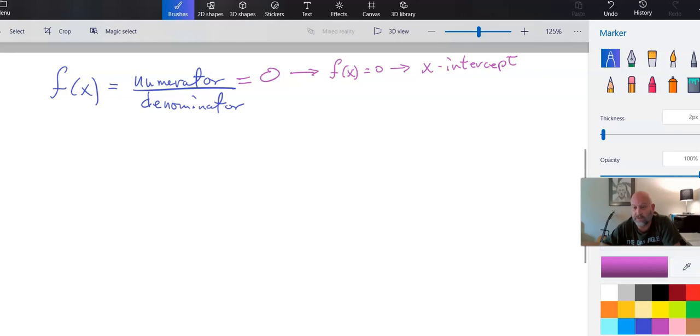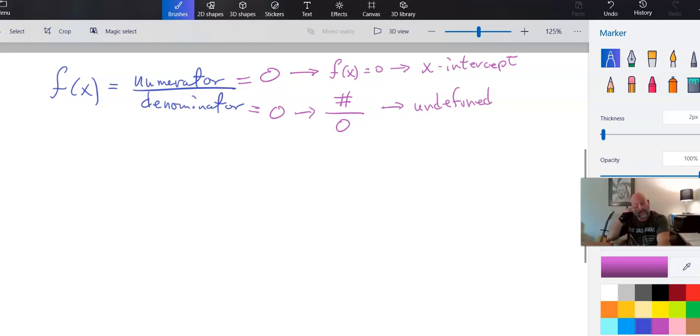Now, when the denominator is equal to zero, that's a problem, because what that means is I have a number divided by zero. And that's an undefined quantity.